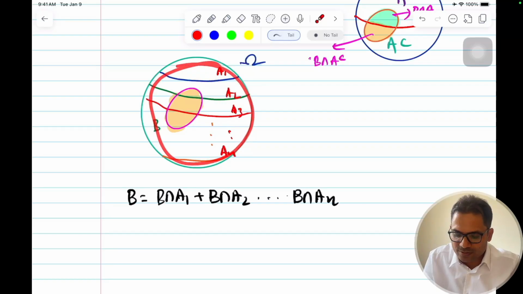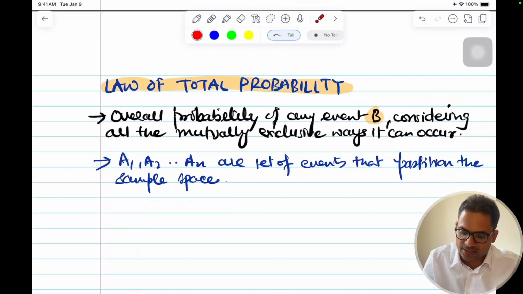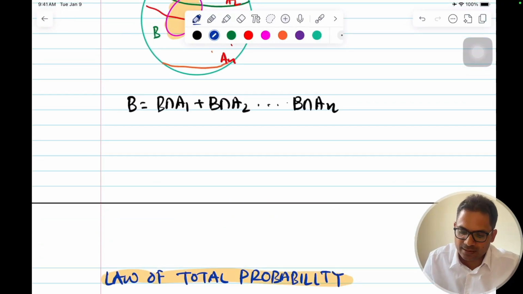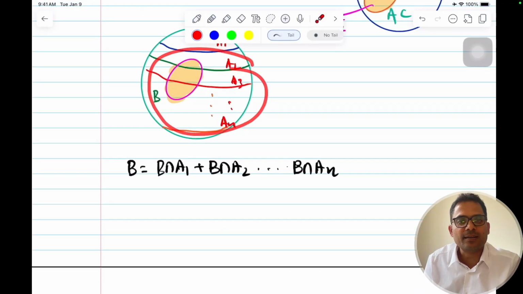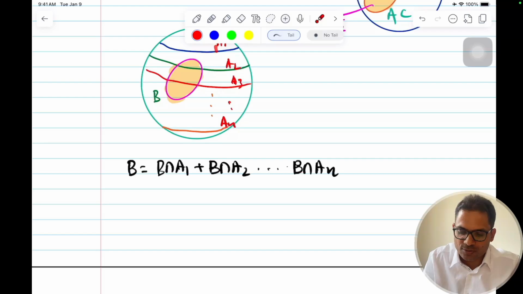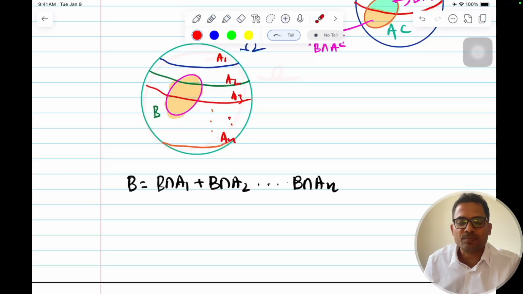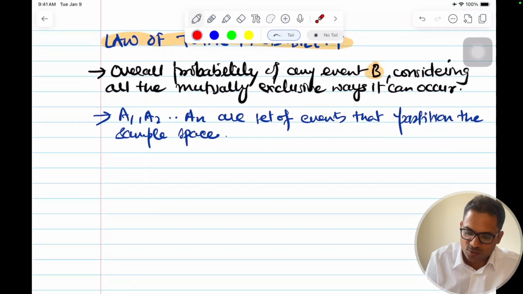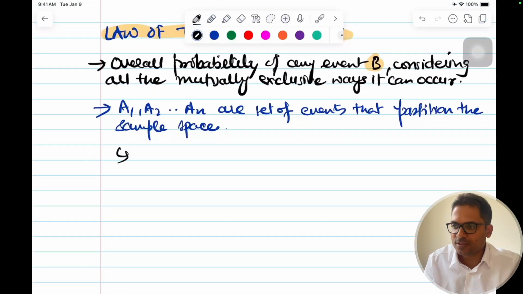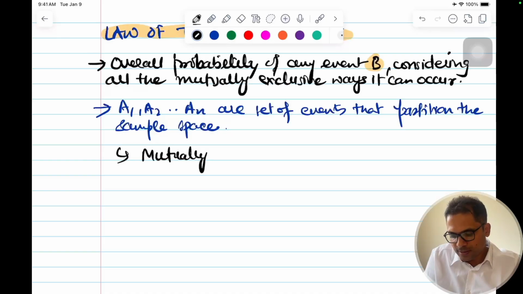So these are the two rules. Whatever you are seeing in this diagram explicitly, I'll just write in words. These parts are mutually exclusive because there is no overlap between any of the parts, and the sum of all these parts will form my sample space. So the first thing is A1, A2, to AN are mutually exclusive.